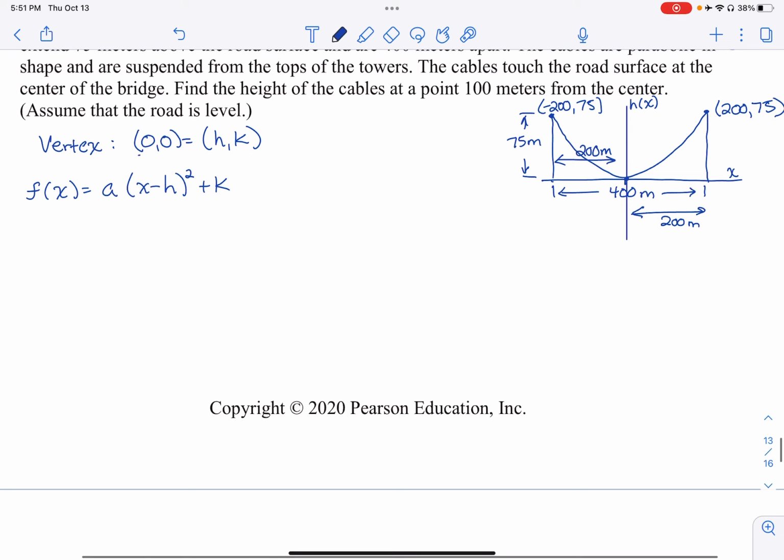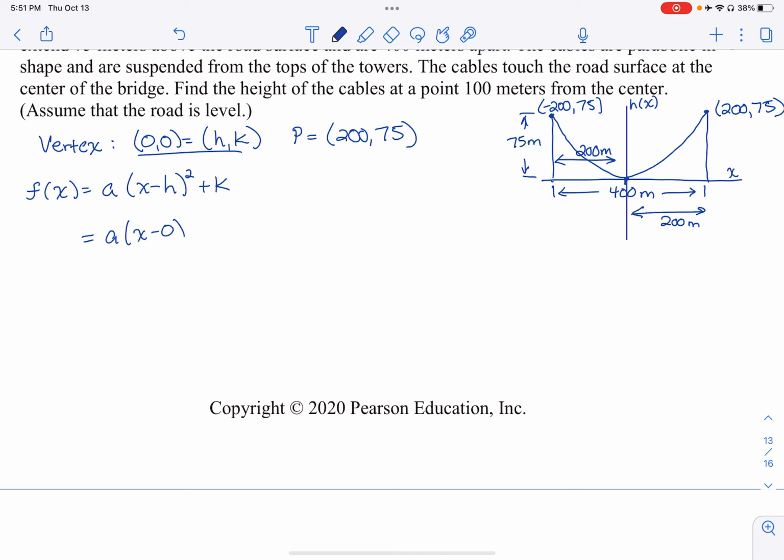Here we have the vertex and we also have a point, so we want to use the vertex form. If we substitute in our vertex, we get a times x minus 0 squared plus 0, which is equal to a x squared. That makes for an easy equation. So that's our height equation.